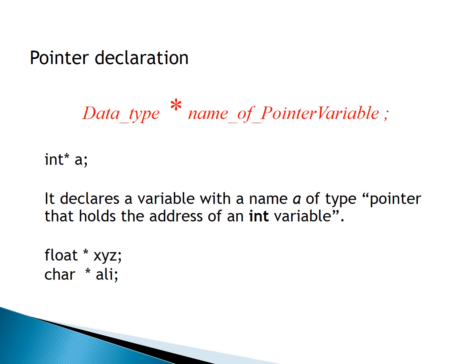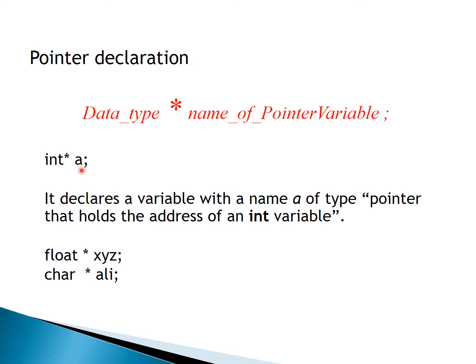Pointer declaration is very simple. You need to mention the data type, then a space, the asterisk, the name of the pointer variable, and then a semicolon. This is an example: int *a; the name of the pointer variable is a.